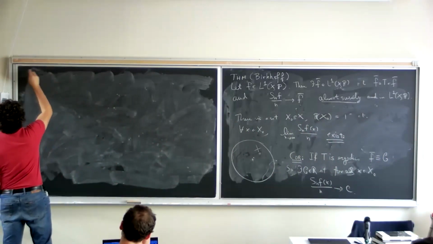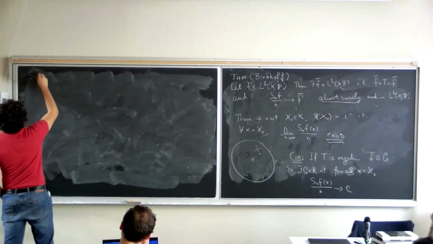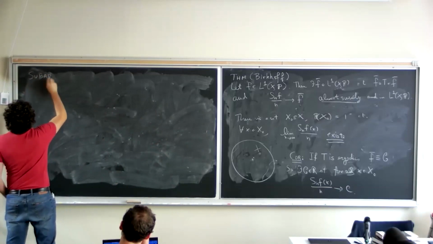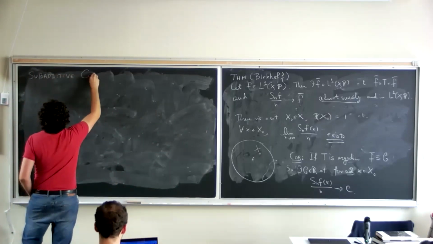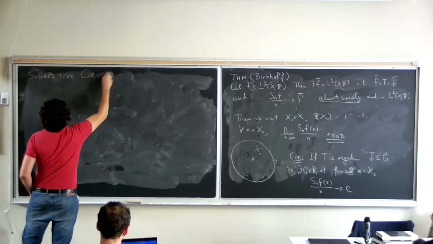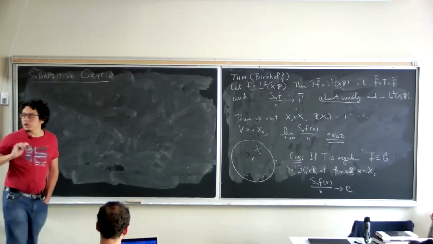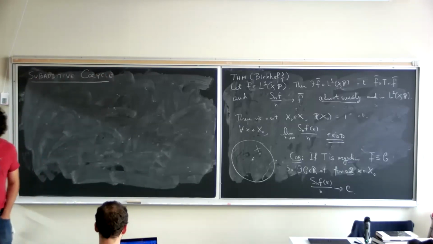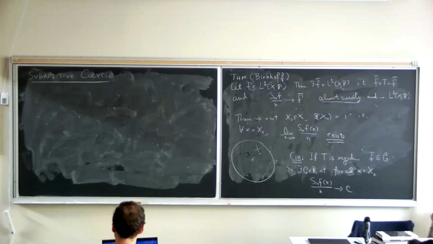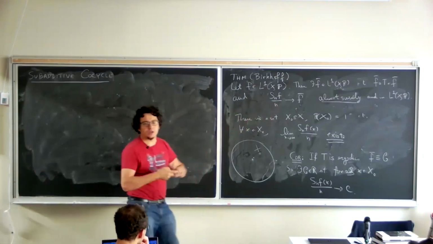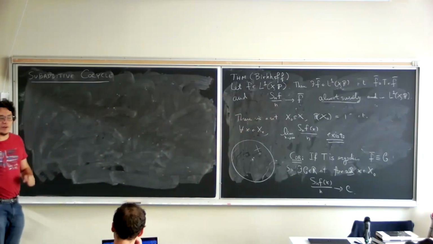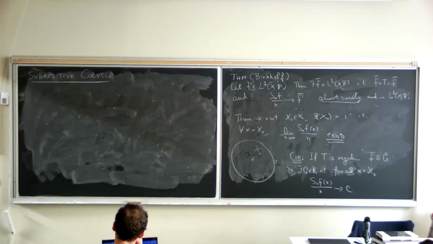To look at the subadditive ergodic theorem, we have to look at the notion of a subadditive cocycle. So now we are not talking about sums over a function anymore, but you're summing something slightly more complicated than a function, namely a cocycle.